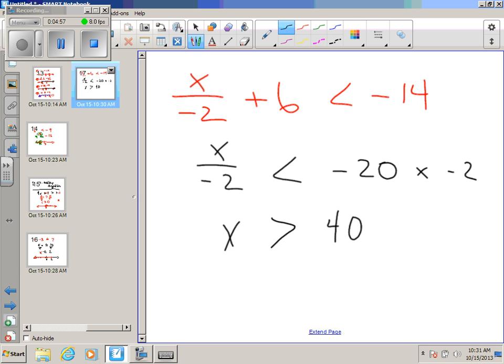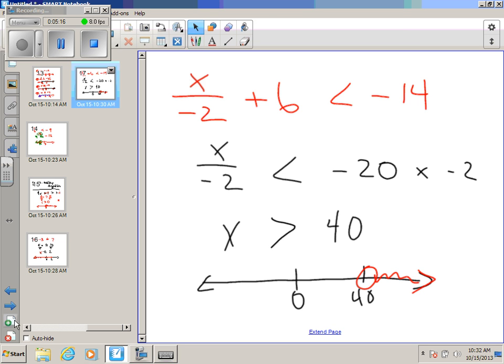Okay. We graph. 0, 40. Circle. It's just a regular. Shade then to the right. Double check. Let's pick something close to 40 that's divisible by 2.